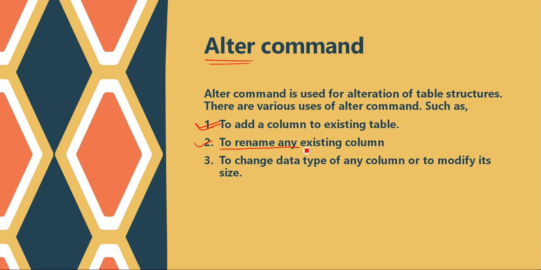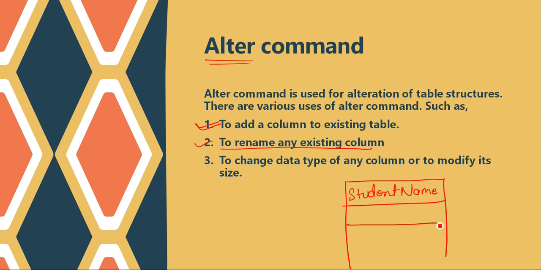It can rename any existing column. Let's say I have created a column student name in our student table. Let's say I don't want the name as student name. I want to change this column name to just name. Again I need to use this alter command.